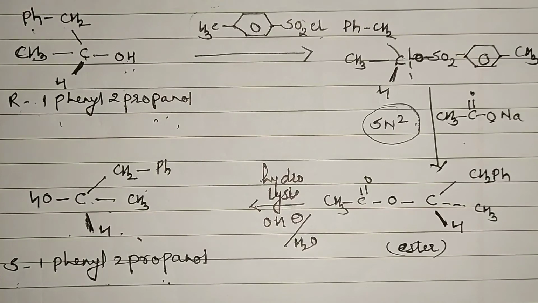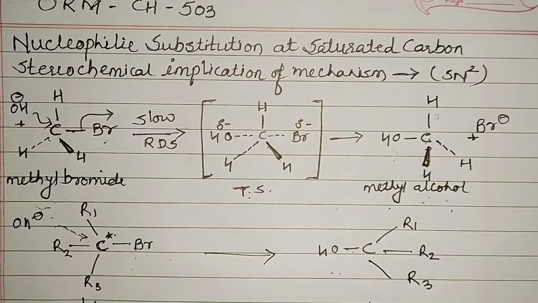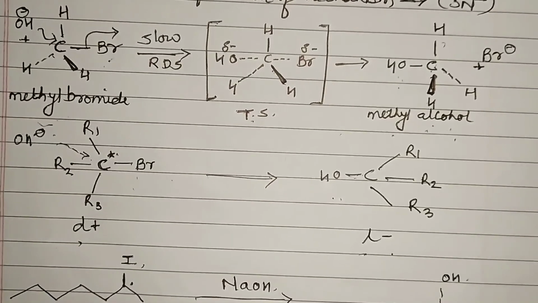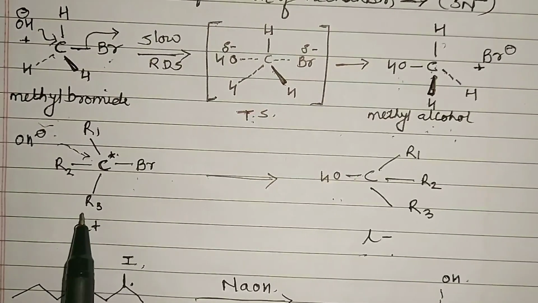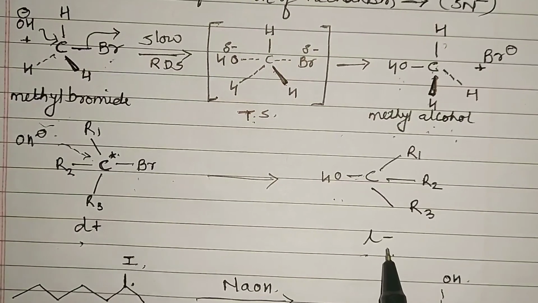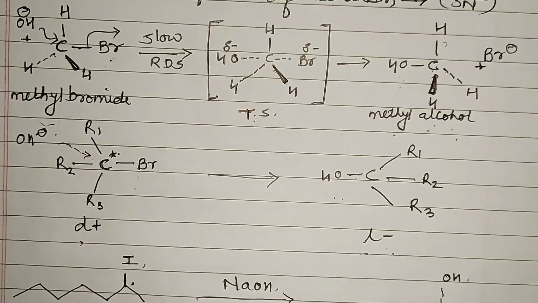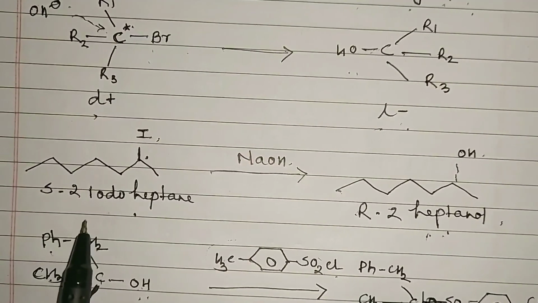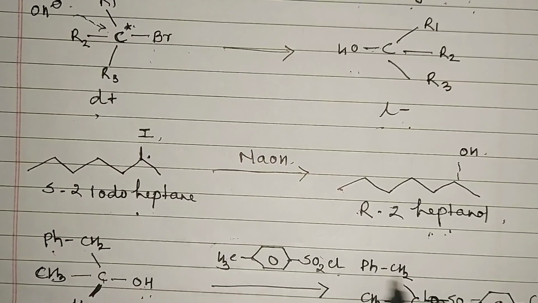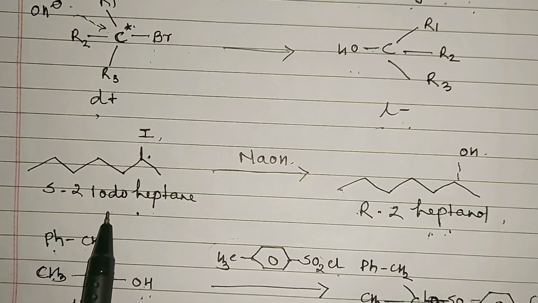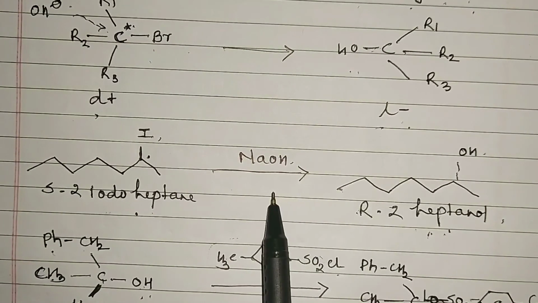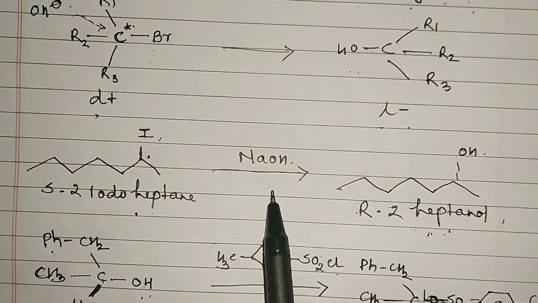So it is enough for today. Today we learned the mechanism. We learned that if we take an optically active compound, suppose it is D+, then the product is L-. For this purpose, we took another example of S-2-iodoheptane, which converts to R-2-heptanol on hydrolysis, that is after SN2.